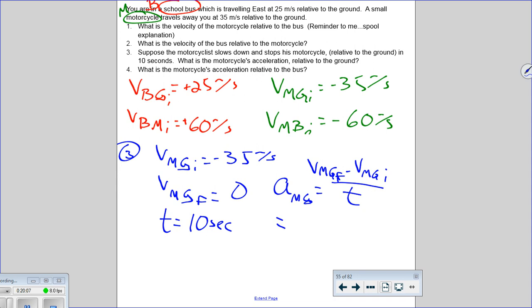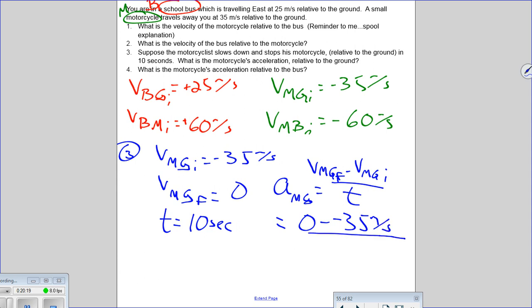All right, so velocity of the motorcycle relative to the ground final is 0 minus velocity of the motorcycle relative to the ground initially, negative 35, divided by 10 seconds. That's going to give us 3.5 meters per second squared. Notice positive, right? Because the motorcycle was going in a negative direction, and then that velocity got less negative, so the acceleration is positive.